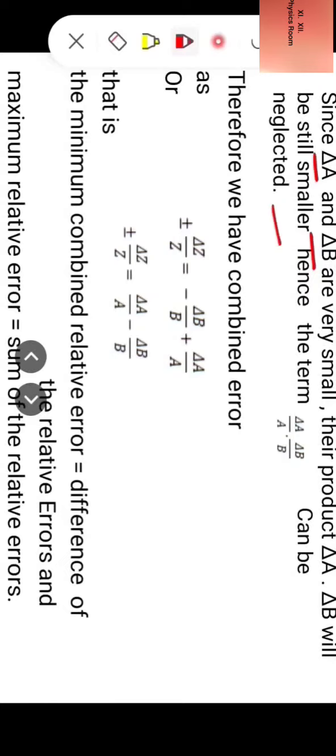Therefore, we have combined error as plus minus delta Z by Z equal to minus delta B by B plus delta A by A. That is, plus minus delta Z by Z can be expressed as equal to delta A by A minus delta B by B. Thus, the minimum combined relative error is equal to difference of the relative errors, and maximum relative error is equal to sum of the relative errors.